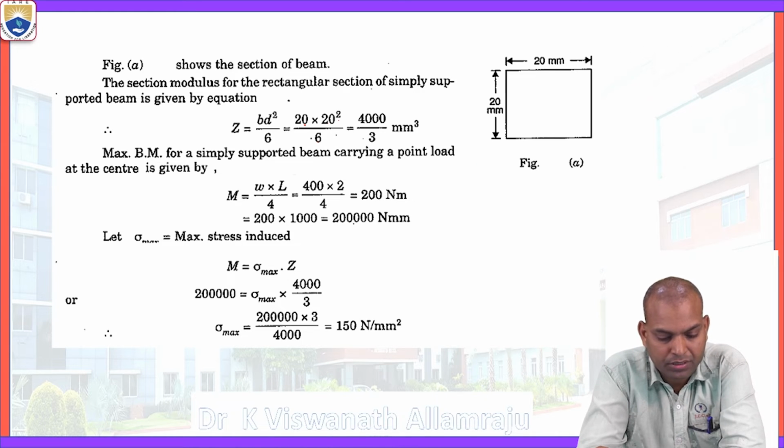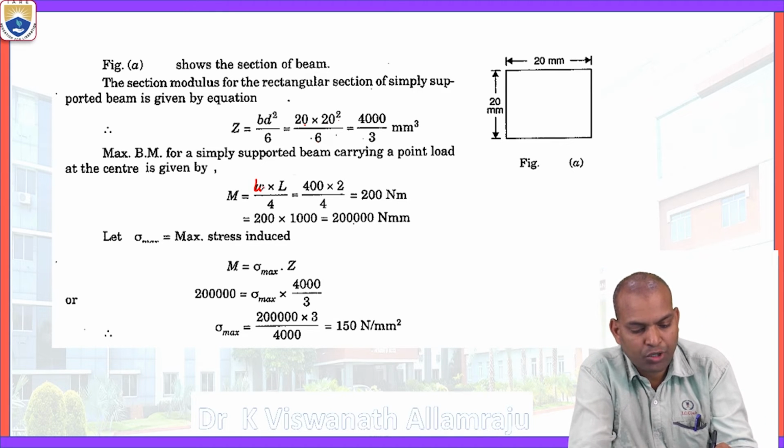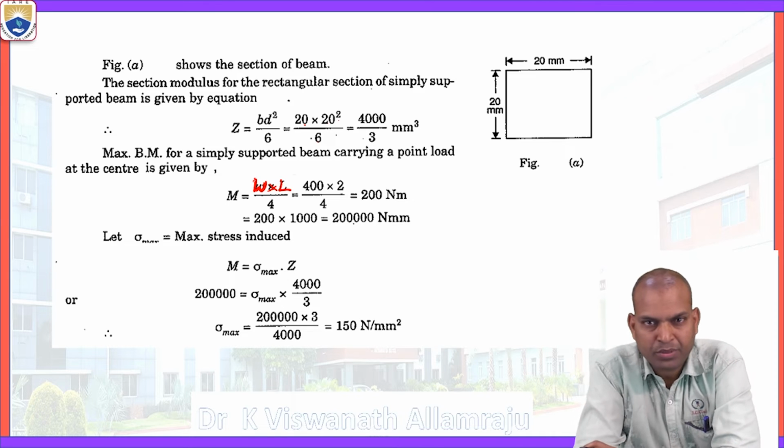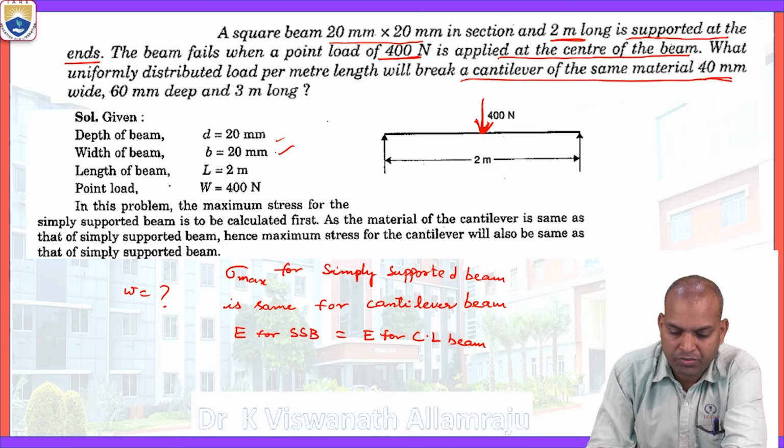For a simply supported beam carrying a point load, the maximum bending moment occurs at the midpoint, that is W times L by 4. What is the W here? 400 newtons, the point load which is acting.